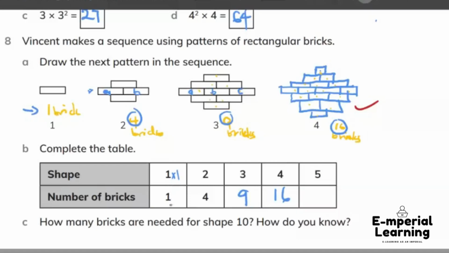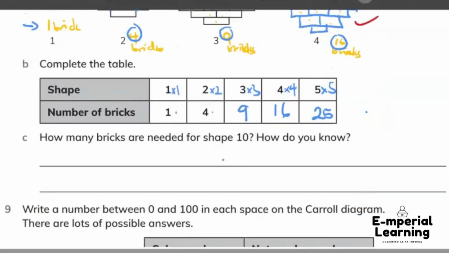So 1 is being multiplied by itself to get 1 brick. 2 is being multiplied by itself to get 4 bricks. 3 is being multiplied by itself to get 9 bricks. 4 is being multiplied by itself to get 16 bricks. And so what do we do to get the number of bricks for the fifth shape? It's simply 5 times 5, and that is 25. So C says how many bricks are needed for shape 10?